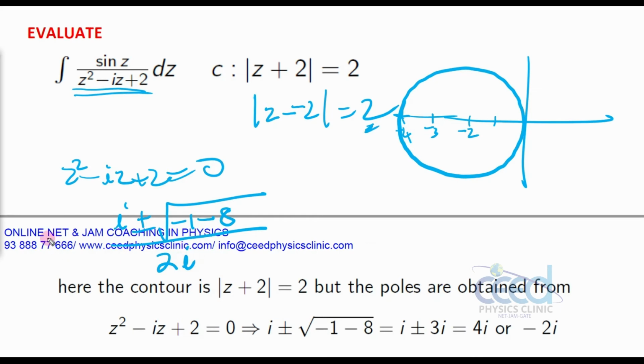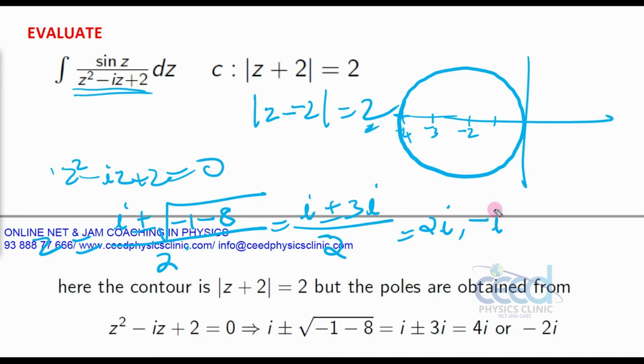Okay, that will be the z values. That is equal to, we have two values, i plus or minus 3i divided by 2a, a is 1, so here it is 2. So I have the values i plus 3i, that is 4i by 2, that is 2i, and i minus 3i, that is minus 2i by 2, that is minus i.